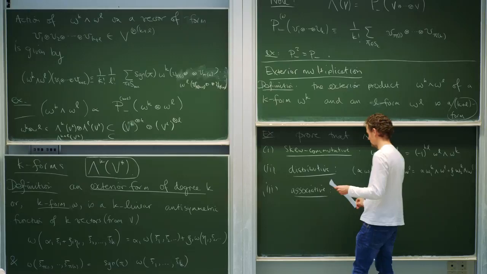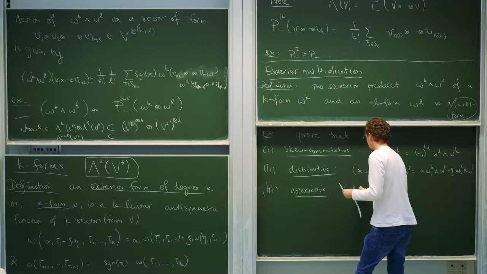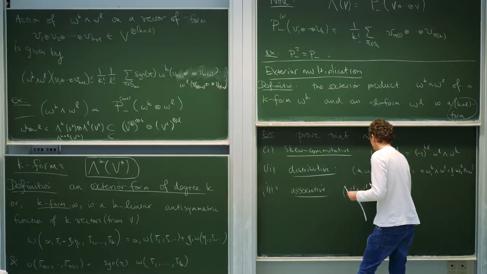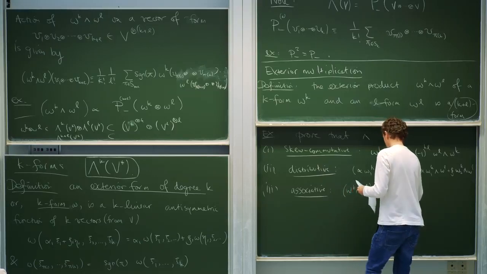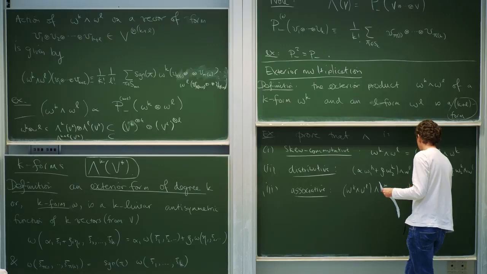Namely, that if you do it 3 times, it's the same as doing it sequentially. If you do K and L wedge, and then you wedge on an M, that's the same as if you did it the other way around.